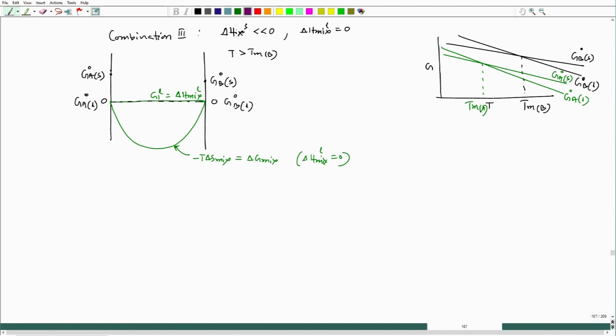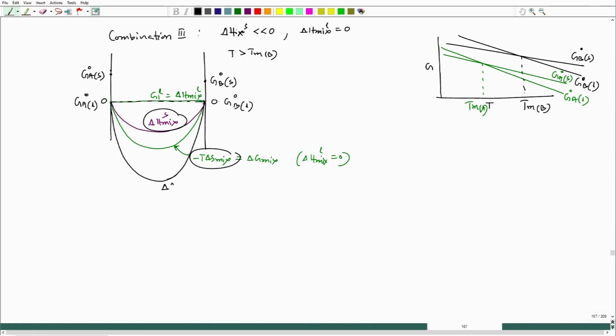So, let us say this is my delta H mix of solid, which is a negative value. Fine. Now, delta G mix for solid would be just the addition of these two, this one and this one. Okay. So, I can go further down.